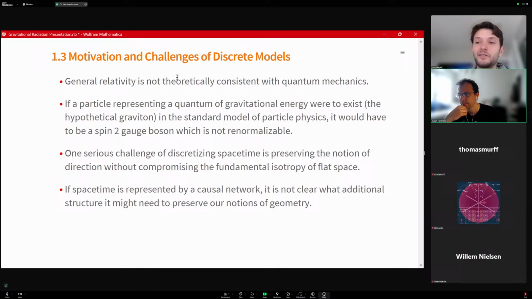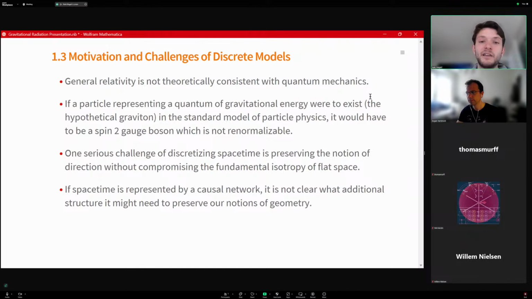Yeah, exactly. There are a lot of thought experiments like that that lead to inconsistencies between the 2 models. And ultimately what theorists have tried to do is find a particle representing a single quantum or a single unit of gravitational energy, similar to how photons were found to be single units of electromagnetic energy.